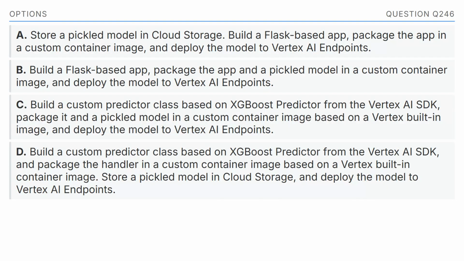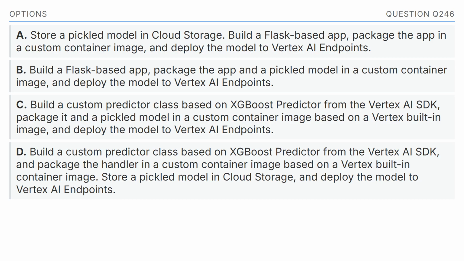The options are: Option A, store a pickled model in cloud storage. Build a Flask-based app, package the app in a custom container image, and deploy the model to Vertex AI endpoints. Option B, build a Flask-based app, package the app and a pickled model in a custom container image, and deploy the model to Vertex AI endpoints.